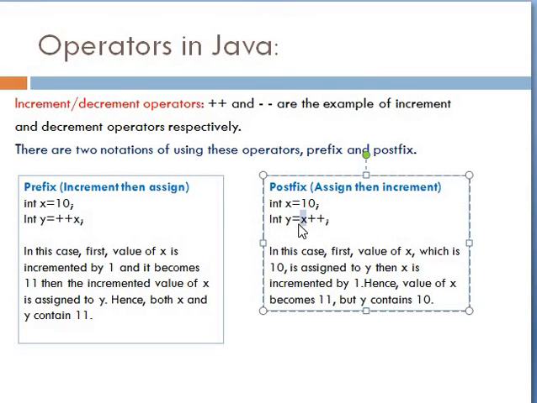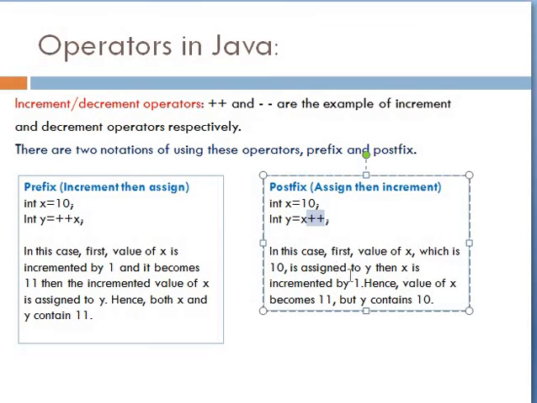So y shall now hold the value 10. After assigning the value 10 to the variable y, the increment operator shall work. This increment operator ++ shall now increase the value of x by 1, which shall give the new value of x as 11, as the previous value of x was 10, and increasing it by 1 gives 11 as the new value of x.